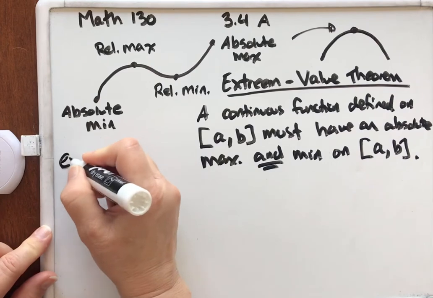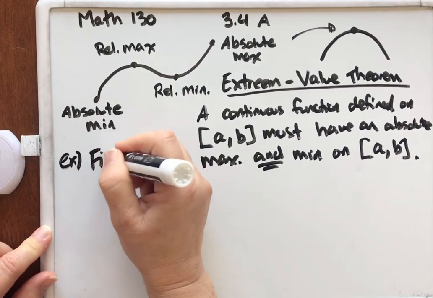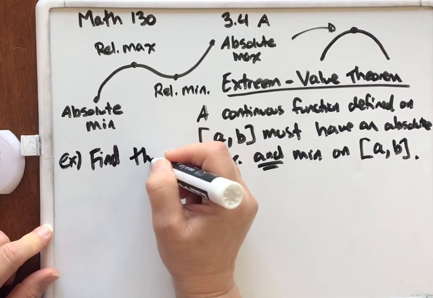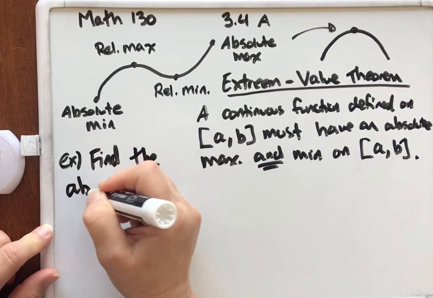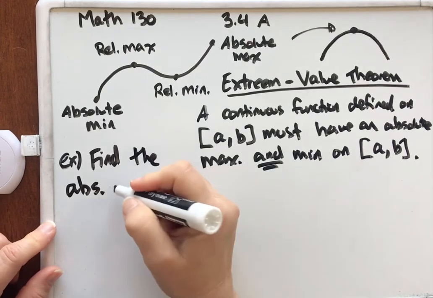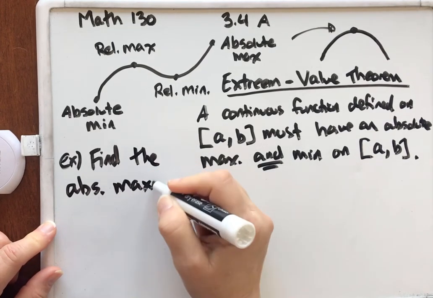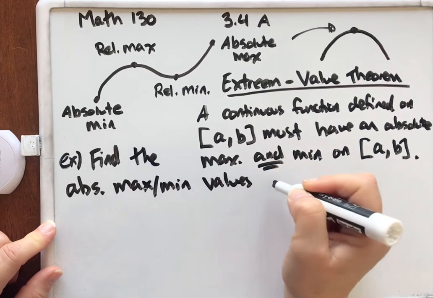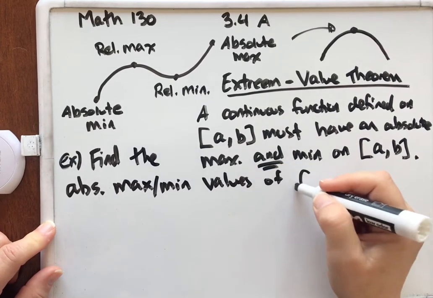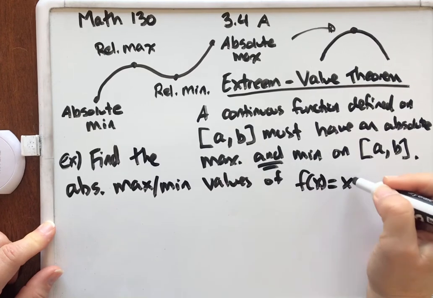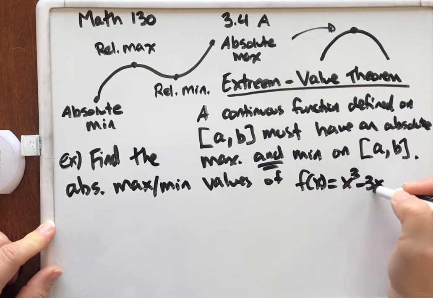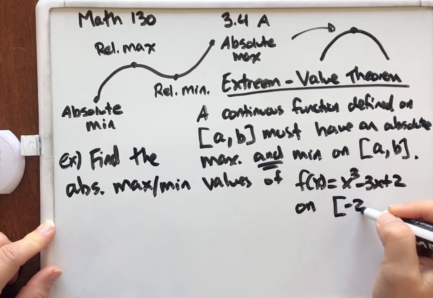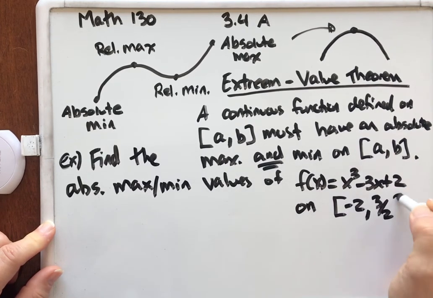So let's do an example. Find the absolute, I'm just going to abbreviate, maximum and minimum values of f of x equals x cubed minus 3x plus 2 on the closed interval from -2 to 3/2.